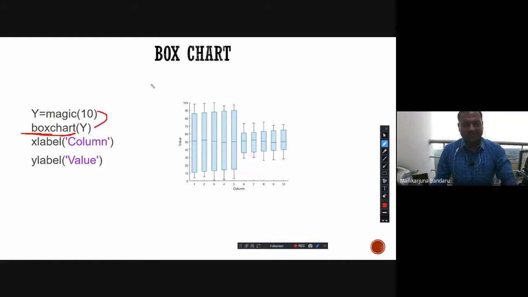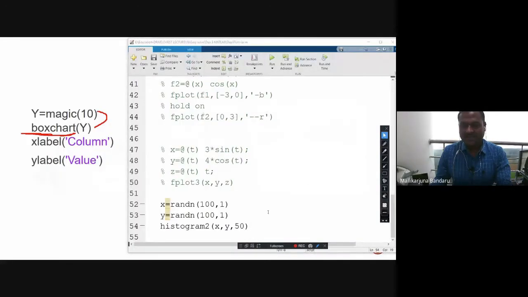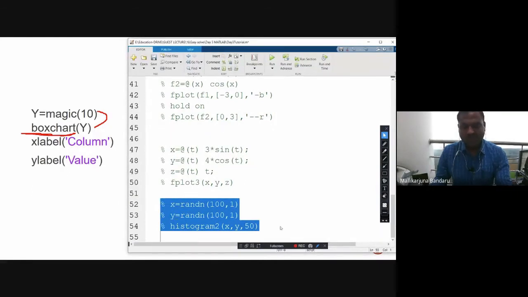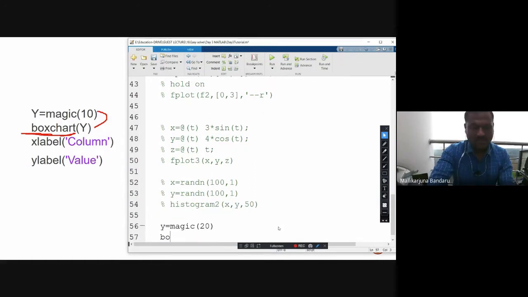Let us move. This is just like a box chart. We need to have a square matrix for that. That's why suppose y is equal to magic of 20. Let me take that, now boxchart of y.